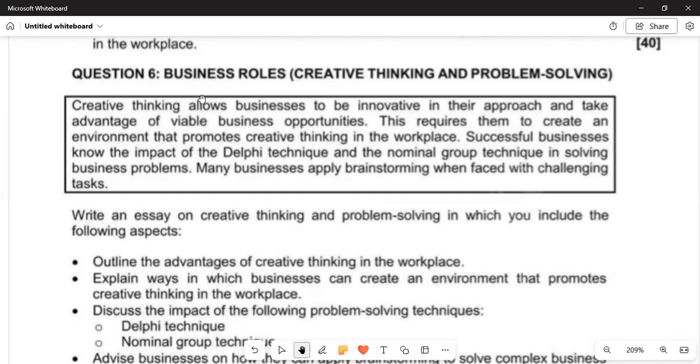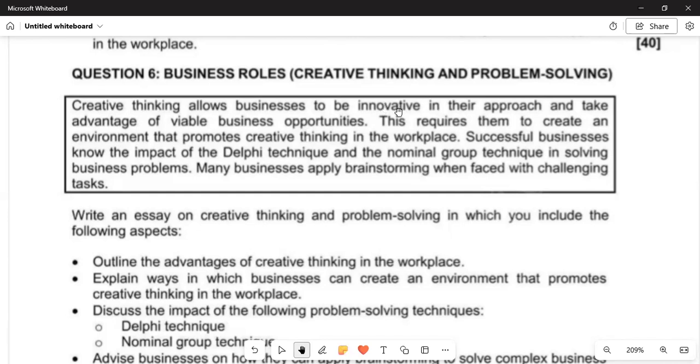Creative thinking allows businesses to be innovative in their approach and take advantage of valuable business opportunities. So they must take advantage of the available business opportunities by being innovative. It means starting from scratch with their own new product in a market.